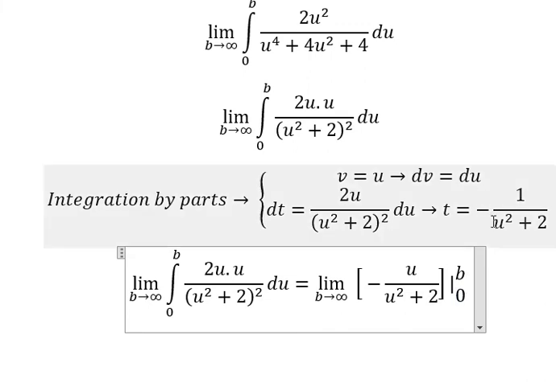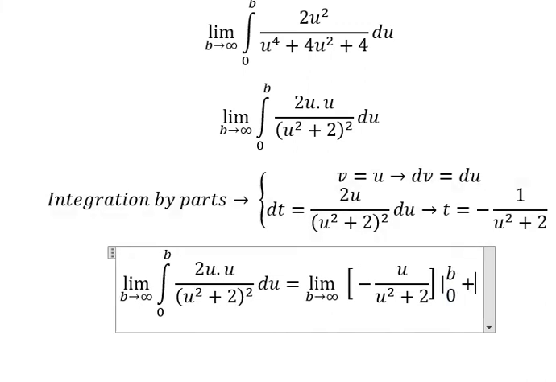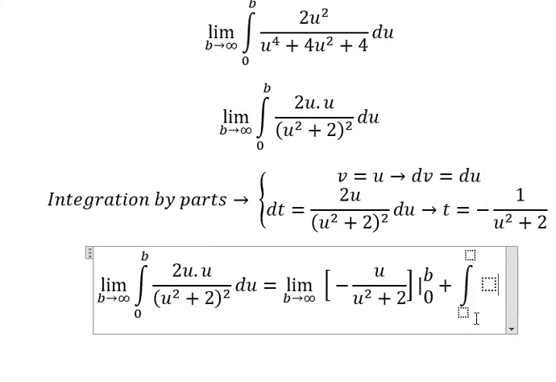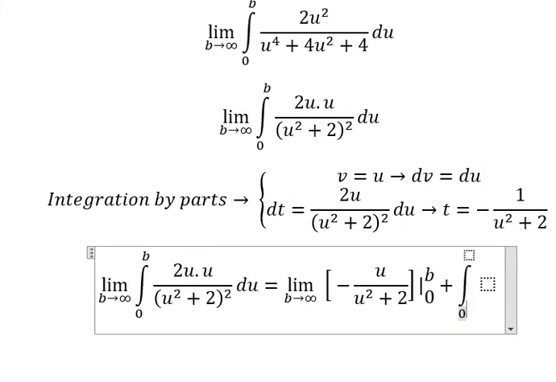Because we have the negative sign here, you get positive, and we have the integral from 0 to b.